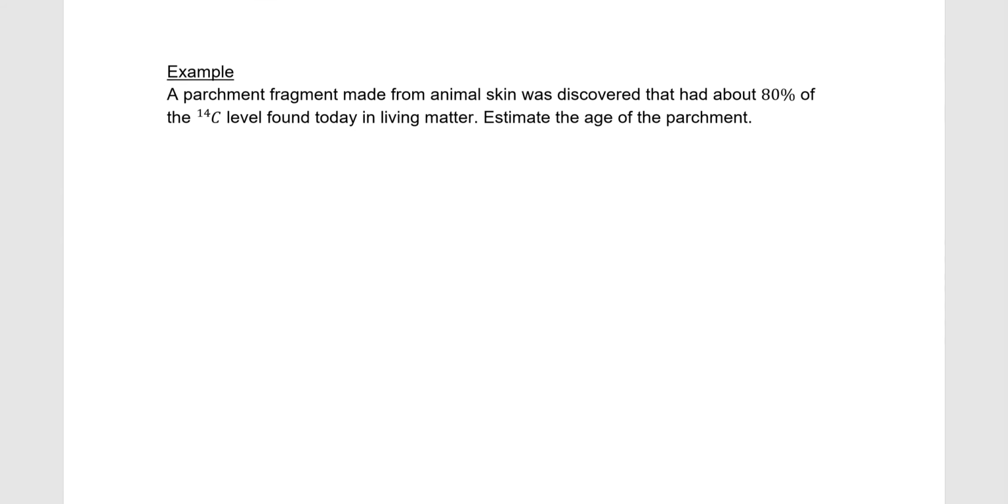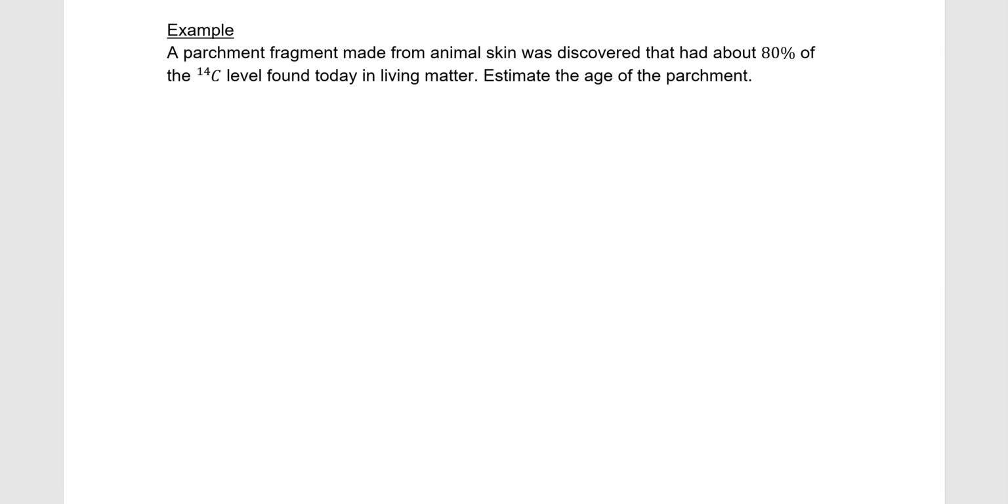Let's do one more example here. Let's say that a parchment fragment made from animal skin was discovered that had about 80% of the carbon-14 level found today in living matter. We want to estimate the age of the parchment. Based on the model that we just found, the decay constant was 0.00012.